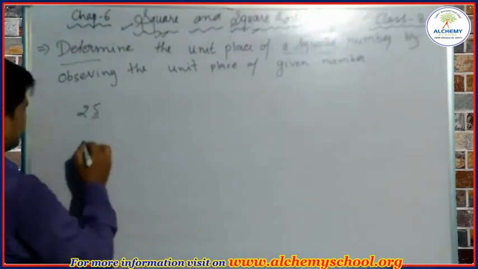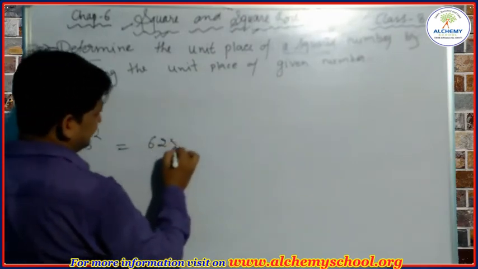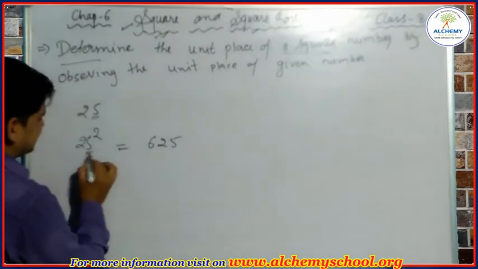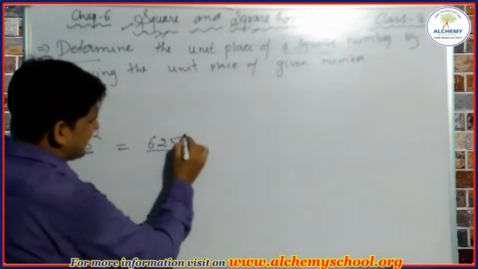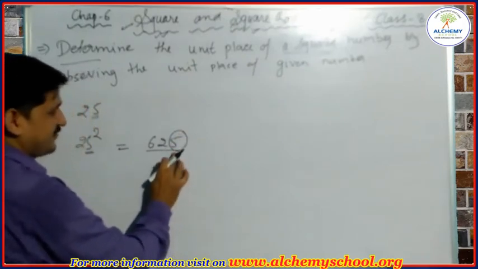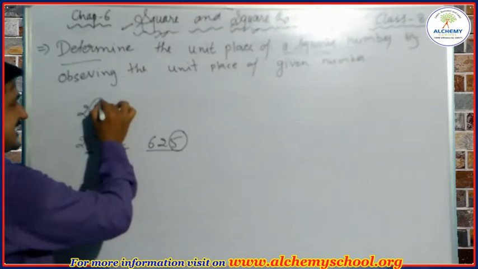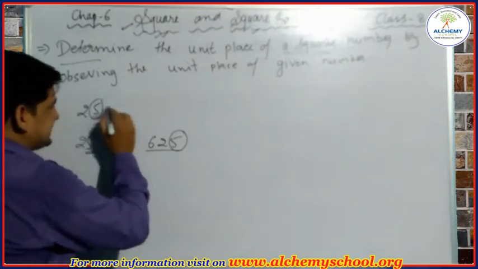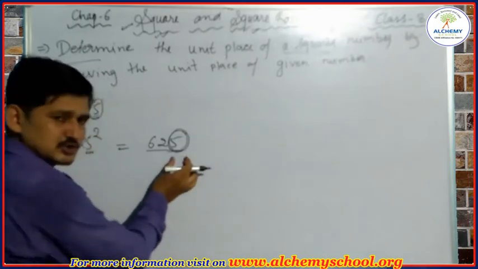So when we are going to find the square of 25, we get here 625. So here we can see the unit place we have 5, and in 625 here also we have 5. It means if any number has 5 at unit place, and when we find its square, there also we get 5 at unit place.